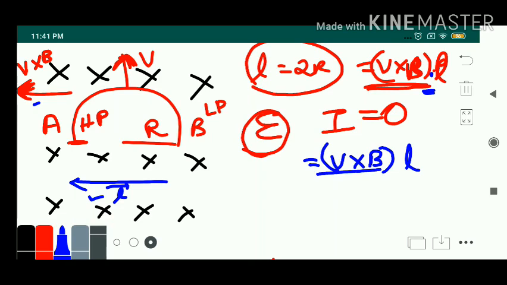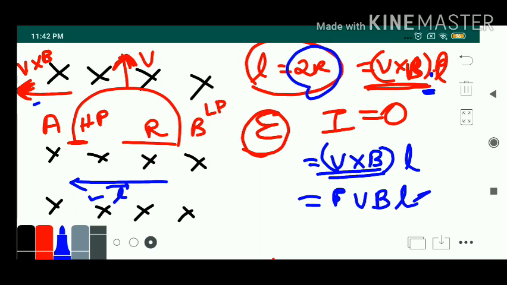V and B are at 90 degrees, so I can just write it as V B L. And what is L? I just found it here, 2R. So I can write V B into 2R. That is the value of the potential between A and B.